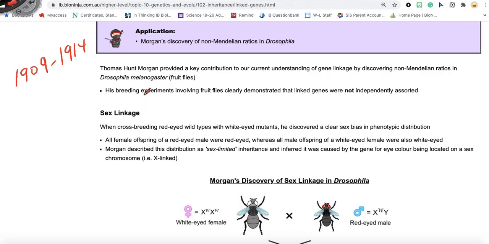And the way that he compared his results with Mendel's results was through a chi-square analysis, right? Where you take your observed result and you compare it with expected results.